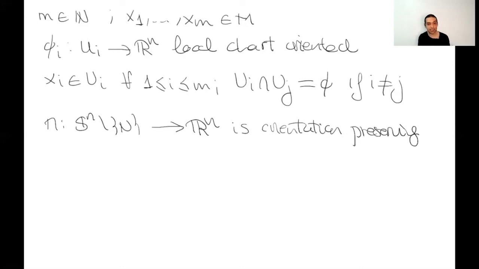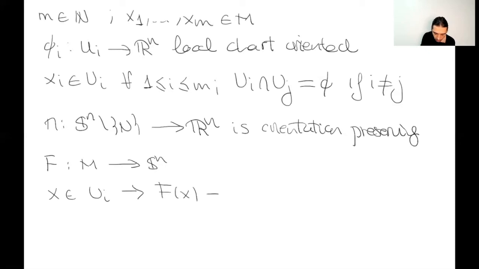Now we can define a map that we can call, for instance, capital F from M to S^n. So if x belongs to Ui, the definition of capital F is going to be the inverse of π composed with φi.